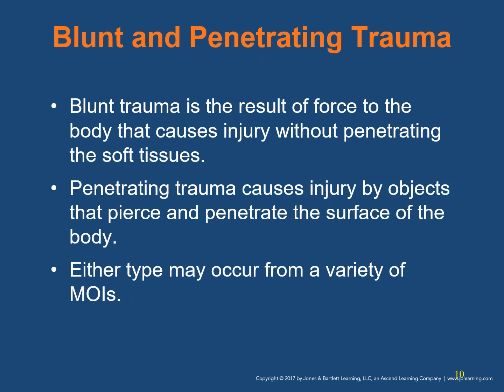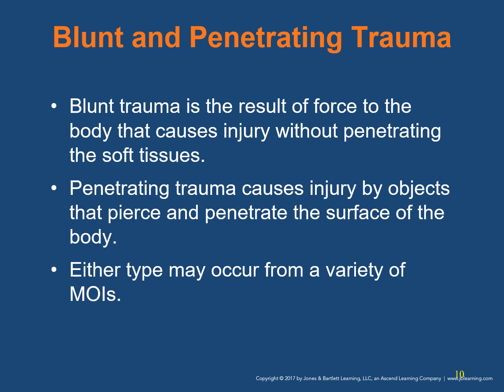Blunt and penetrating trauma. Traumatic injuries can be divided into two separate categories: blunt trauma and penetrating trauma. Blunt trauma is a result of a force to the body that causes injury without penetrating the soft tissue or internal organs and cavities.